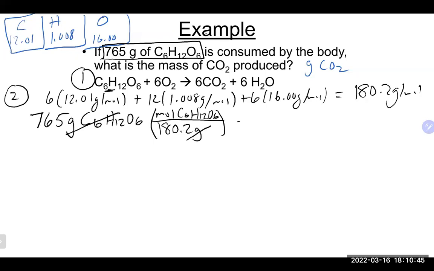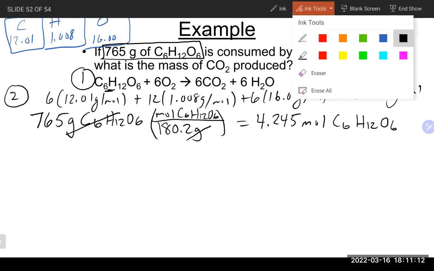And when we do, the grams will cancel, and that gets us 765 divided by 180.2. Looks like 4.245 moles of C6H12O6. Any questions on that so far?